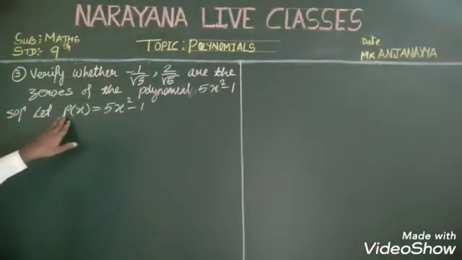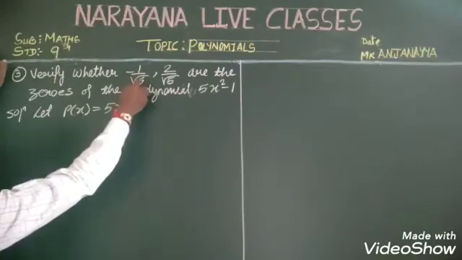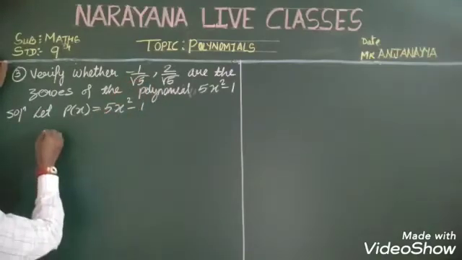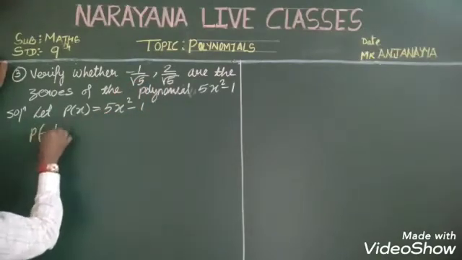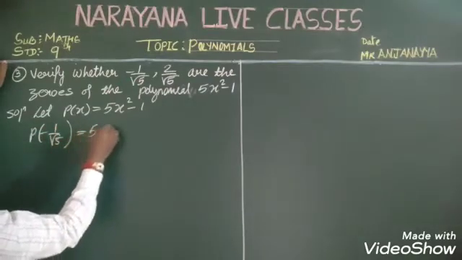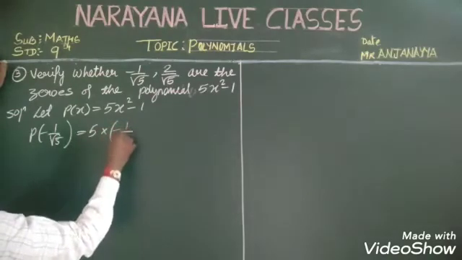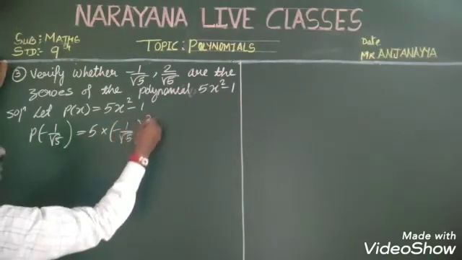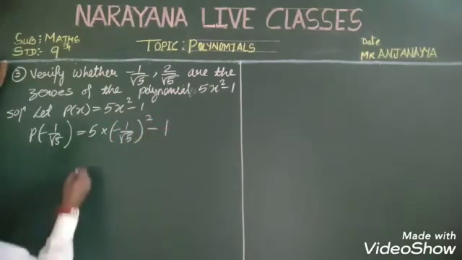Let me consider the polynomial as p of x is equal to 5x square minus 1. Now I substitute minus 1 by root 5 in place of x. So 5 into minus 1 by root 5 the whole square minus 1. What we get?